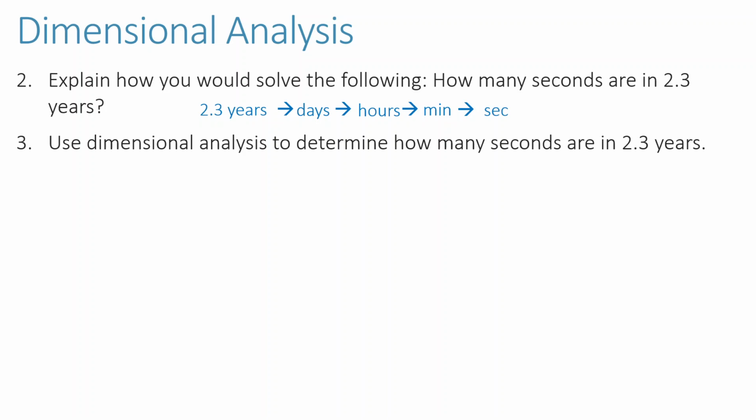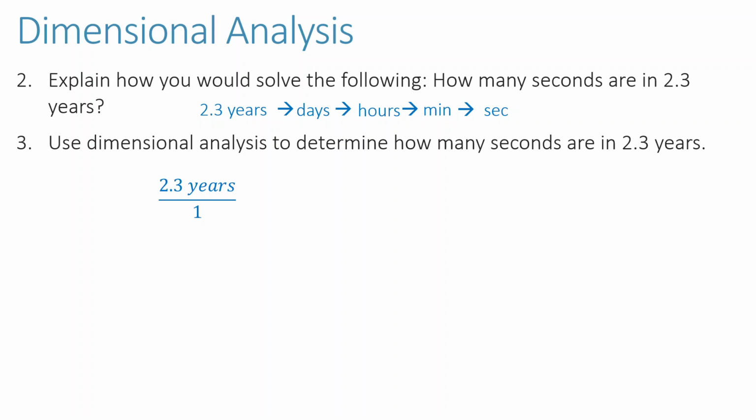We're going to change the units of years into seconds. And we're going to multiply across and get the number of seconds that are in 2.3 years. So first thing I want to do is take what I am given in the problem and put it over 1. So since the problem gives me 2.3 years, I'm going to put that over 1.